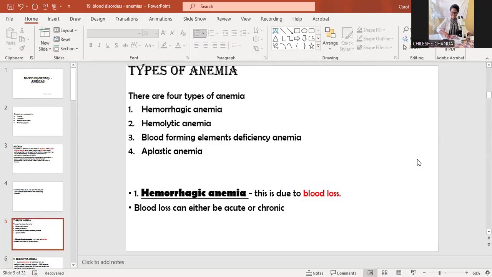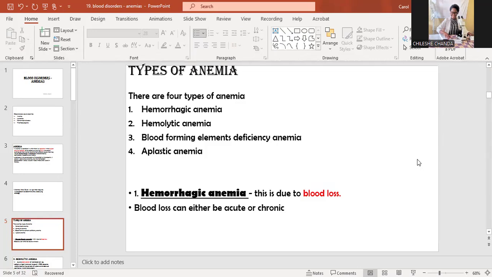When the red blood cells reach their maturity level, which is 120 days, they are broken down.